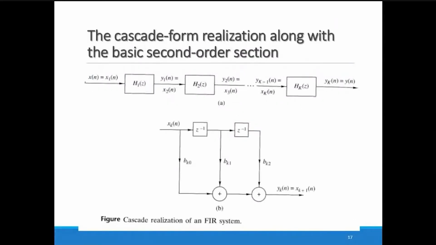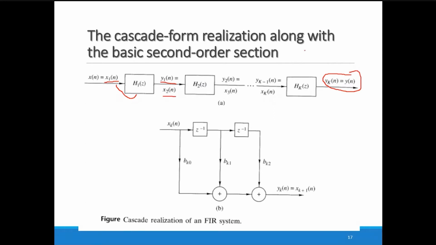The input x1(n) is passed through the first section H1(z), giving y1(n), which is the same as x2(n), the input of the second section H2(z). This gives y2(n), the same as x3(n), and so on up to y_K-1(n), which is x_K(n), and finally we produce y_K(n), which is y(n).